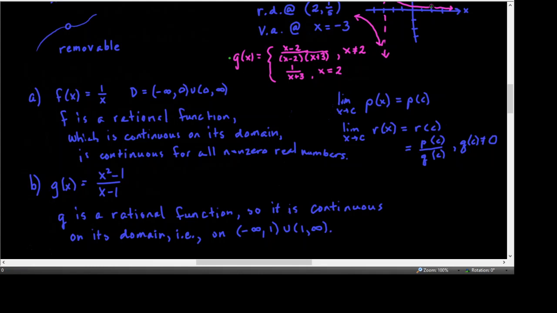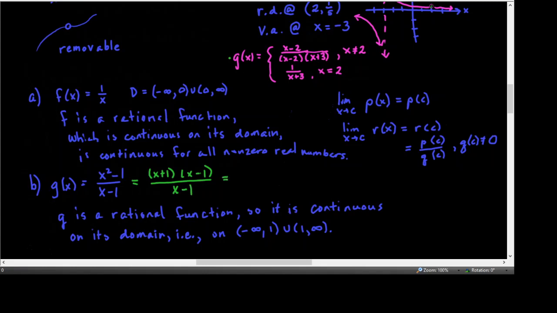Now, just for the sake of interest, I'm going to go a little bit further than the question asks, and I'm going to factor x squared minus 1 to see if I can tell what kind of discontinuity I have, whether it's removable or not, which is a question you'll probably have to address, so that's why I want to say it now.